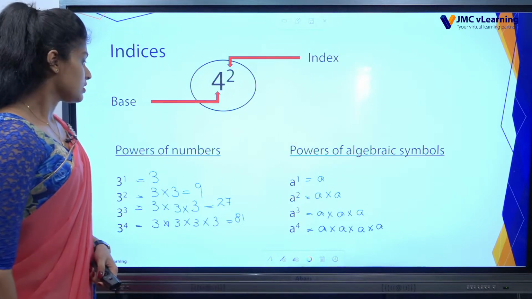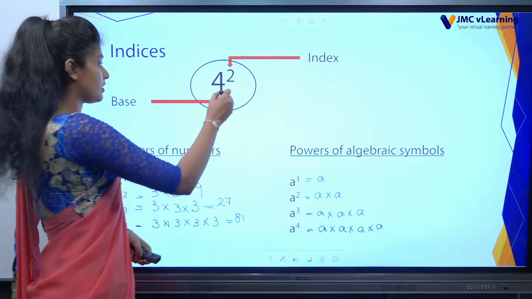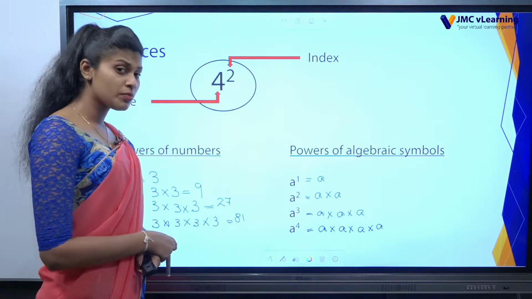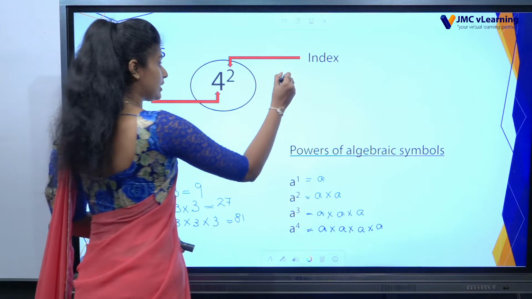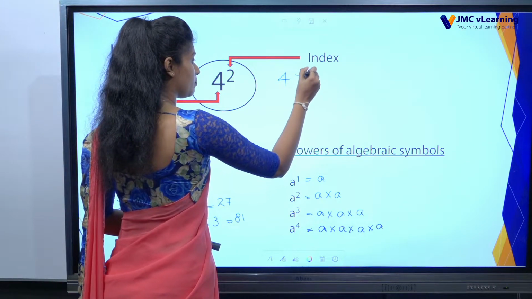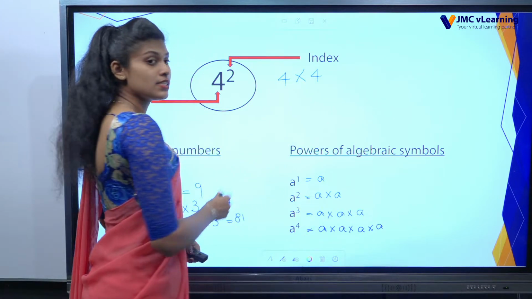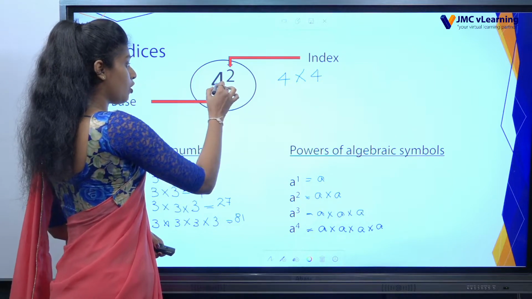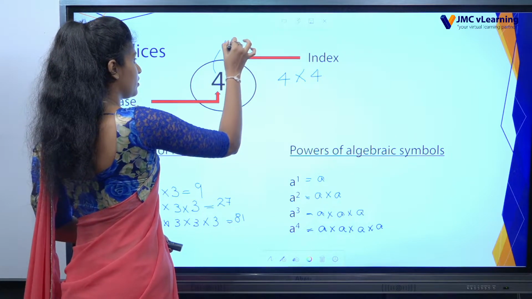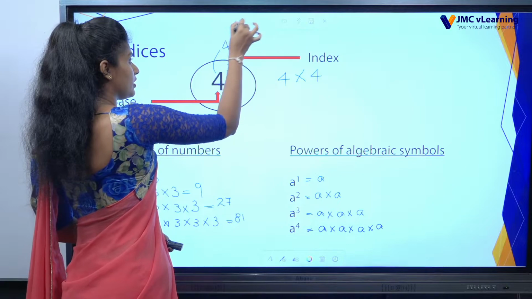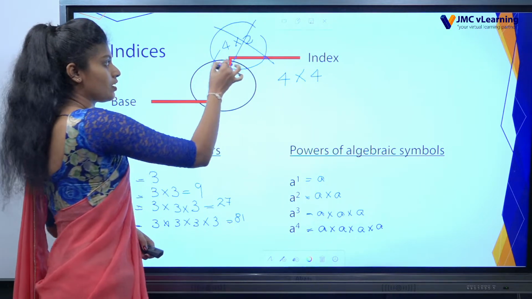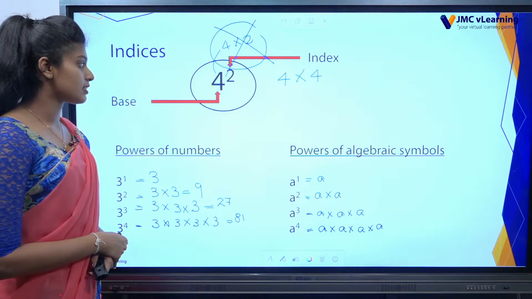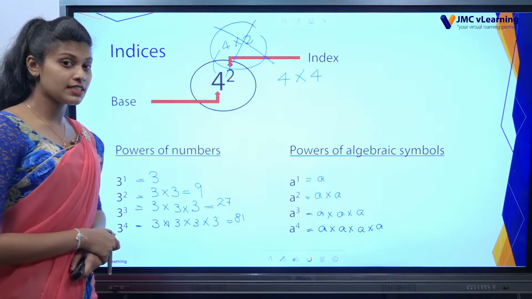Then some students are simplifying the answers like this. Here 4 to the power 2. What is the meaning of 4 to the power 2? It is 4 you should multiply 2 times. Then some are doing 4 multiplied by 2. This one is wrong. We can't do like this. What is the meaning of these indices?